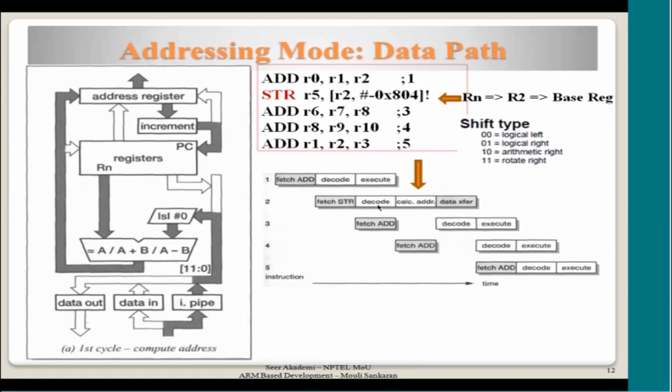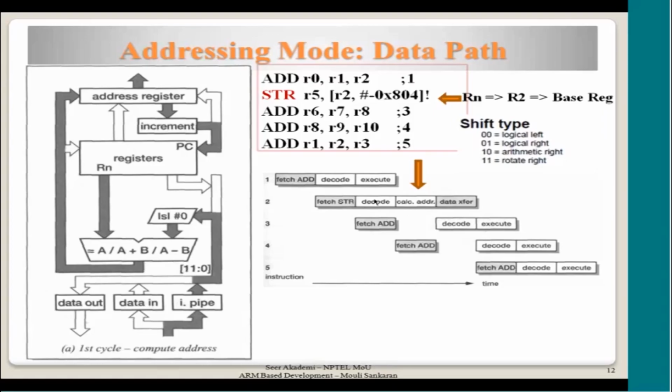So remember, the decode stage is always in the pipeline, right? The decode stage generates the signals meant for the next stage. So in this case, it is for the calculation of address, which is shown here. Then decode will be busy doing the control signal generation for transferring the data, which will be shown immediately after explaining this.